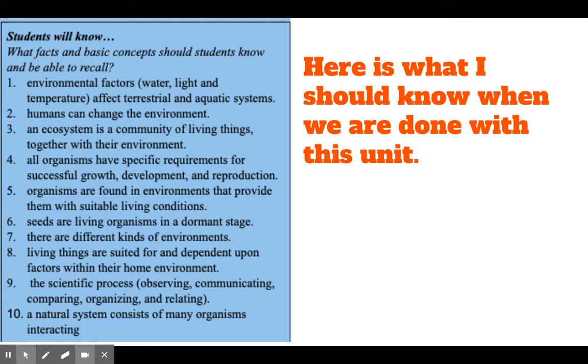Living things are suited for and dependent upon factors within their home environment. So everything kind of has this home environment. Well, in order for that organism to thrive and survive, they're dependent on certain things that need to be there. For us, I don't know, it's this whole oxygen thing. We need that. We like food.